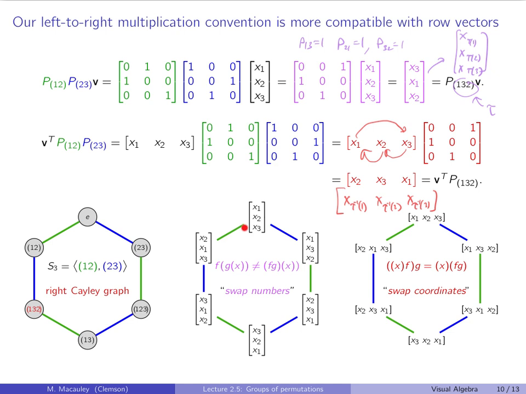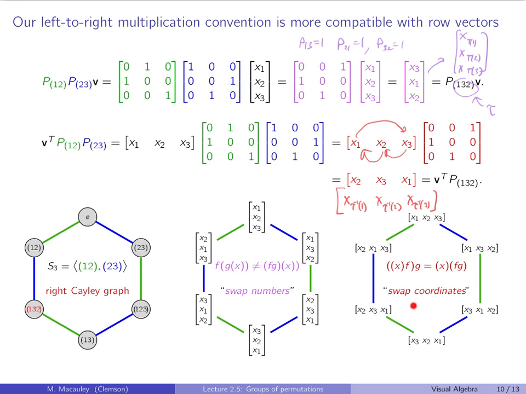So here, 1 and 2 get swapped. But now, if we want to swap 2 and 3, x2 and x3 are in the first and the third positions, respectively, and that gets us down here. Then we swap 1 and 2 no matter where they are. That gets us to x3, x2, x1. Compare that over here.